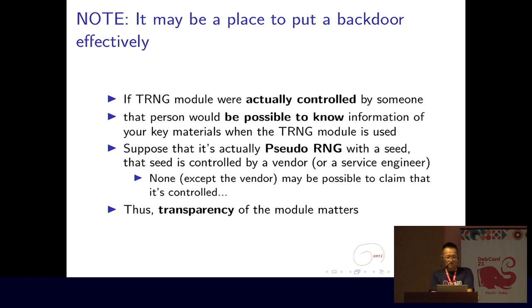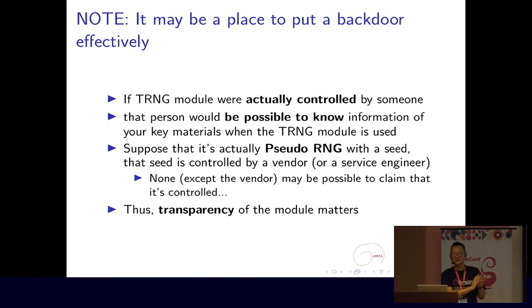So the point is that if it is a pseudo random number generator with a seed, none may be possible to claim that the sequence is actually controlled, because the output itself just looks like a random number sequence.